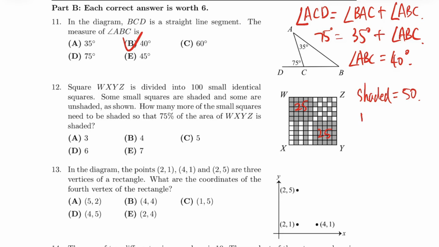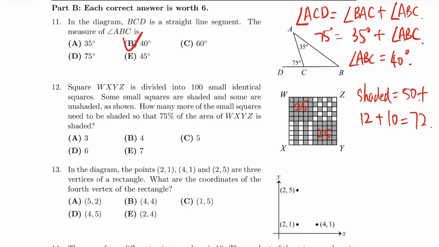So we have 12 shaded, and for this part we have 1, 2, 3, 4, 5, 10 shaded. So we can add all of them together. In total, for the shaded part, we have 72.